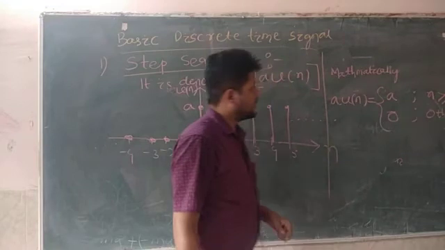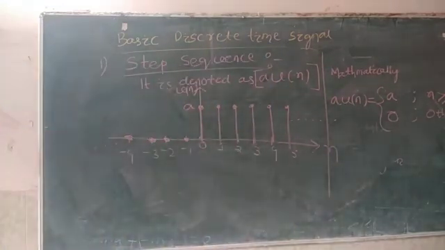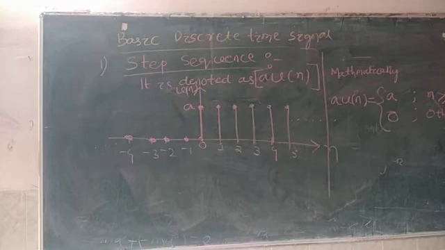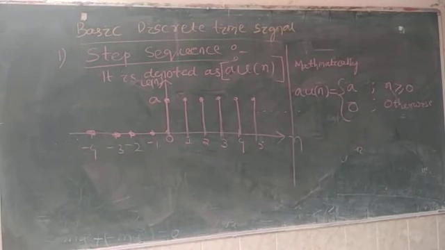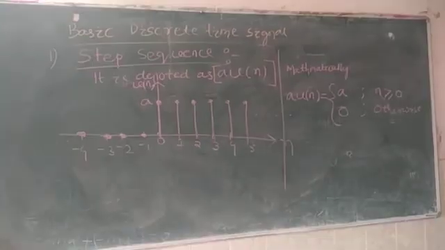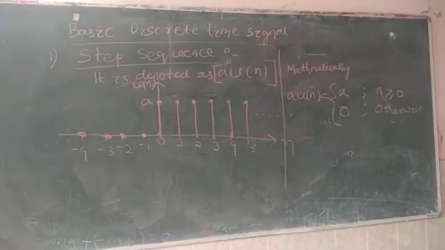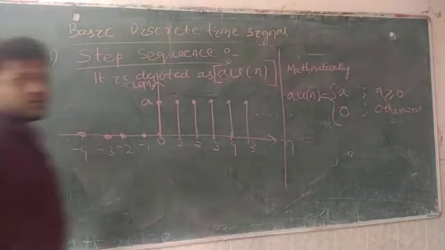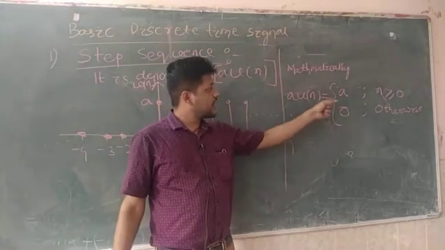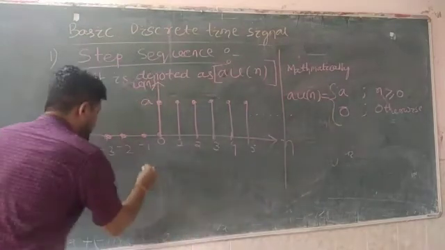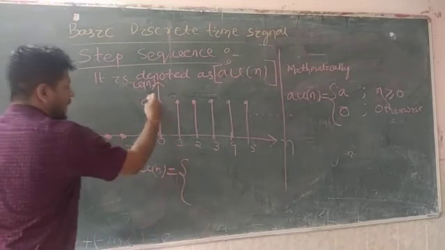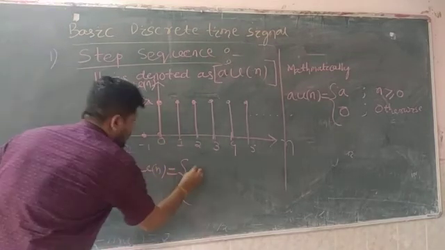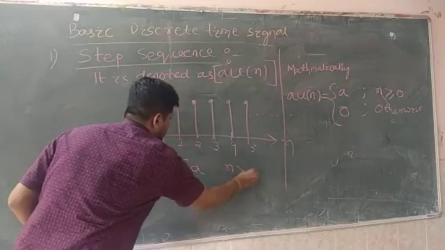What does it indicate? Once again, how do we define A of un mathematically? The height is A only when n is greater than or equal to 0.